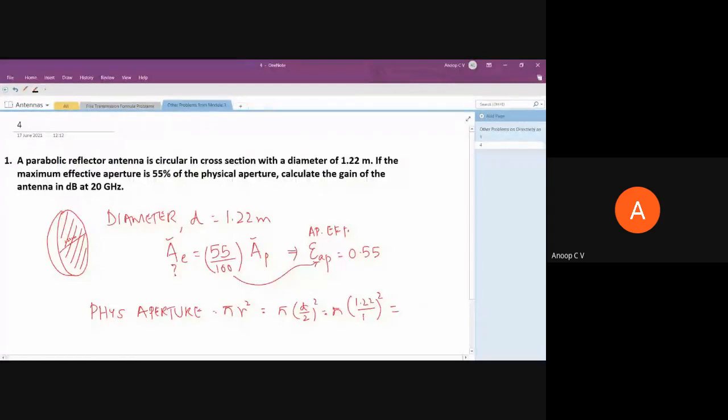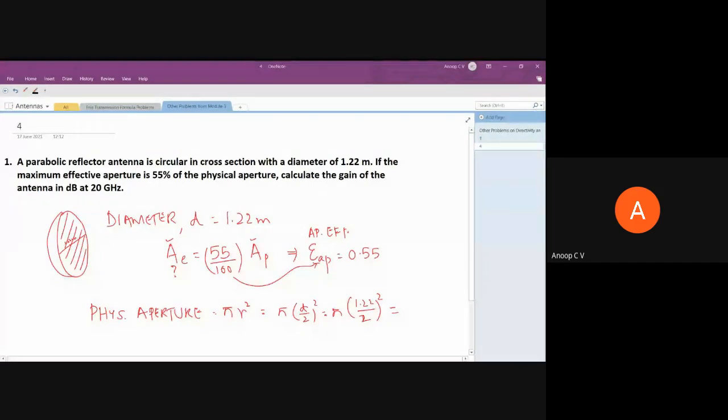Can anyone tell me what is the physical aperture, the actual aperture of this antenna? Pi into 1.22 by 2, sorry, to the whole square. What is this?